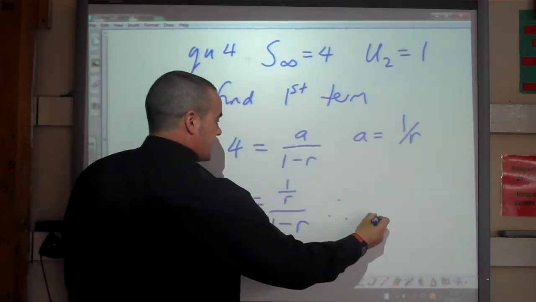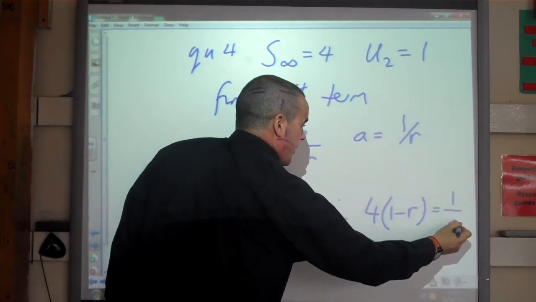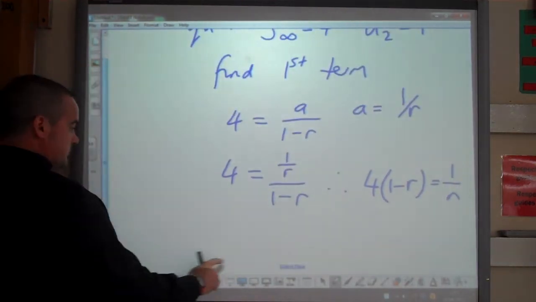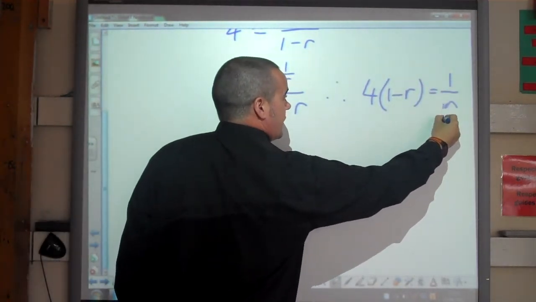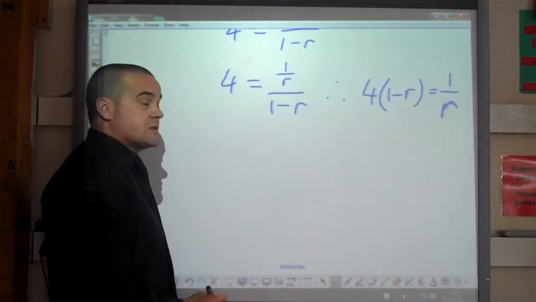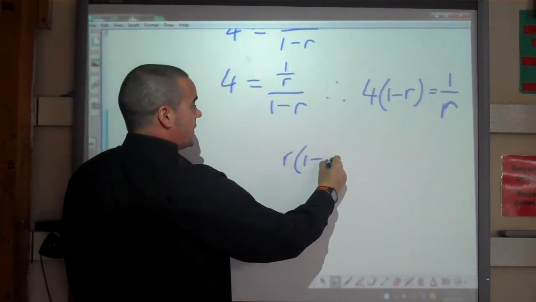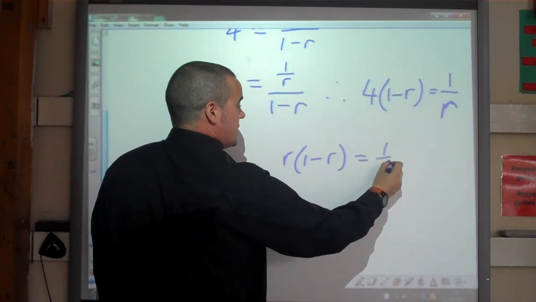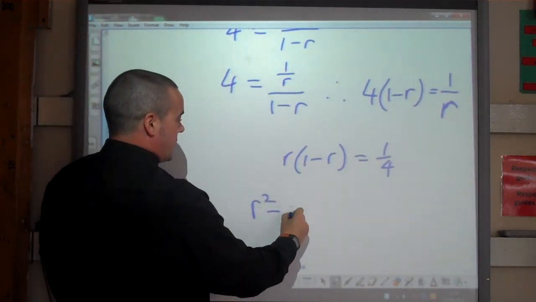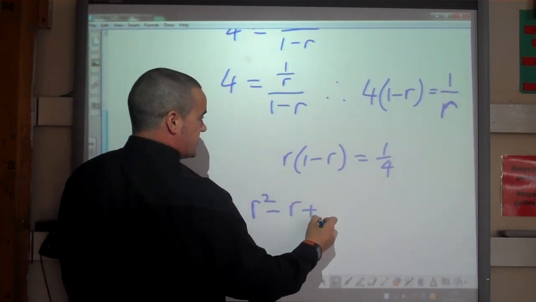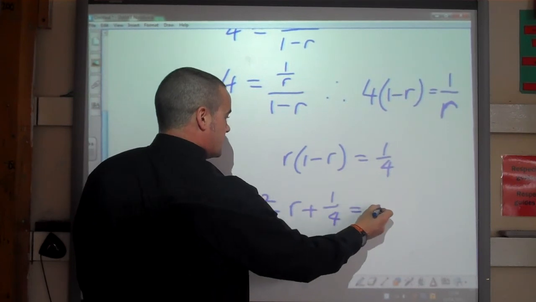Therefore I can say that 4 times 1 minus r is equal to 1 over r. And if I rearrange this, I can say that r times 1 minus r equals a quarter. And if I multiply this out and collect all the like terms, I get r squared minus r plus a quarter equals 0.